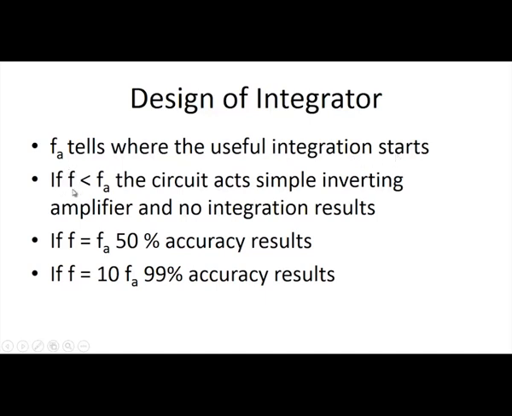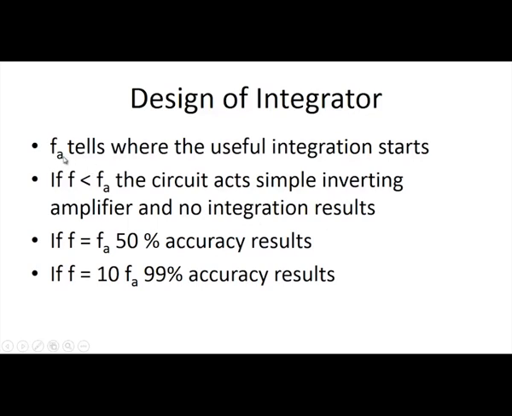If the frequency of the input signal is lower than this FA, then the circuit will act as an inverting amplifier, and no integration will result. If F is equal to FA, a 50% integrated value will be obtained, and if F is 10 times FA, then you will get 99% accuracy in the integration. These steps you have to follow in the design of an integrator.